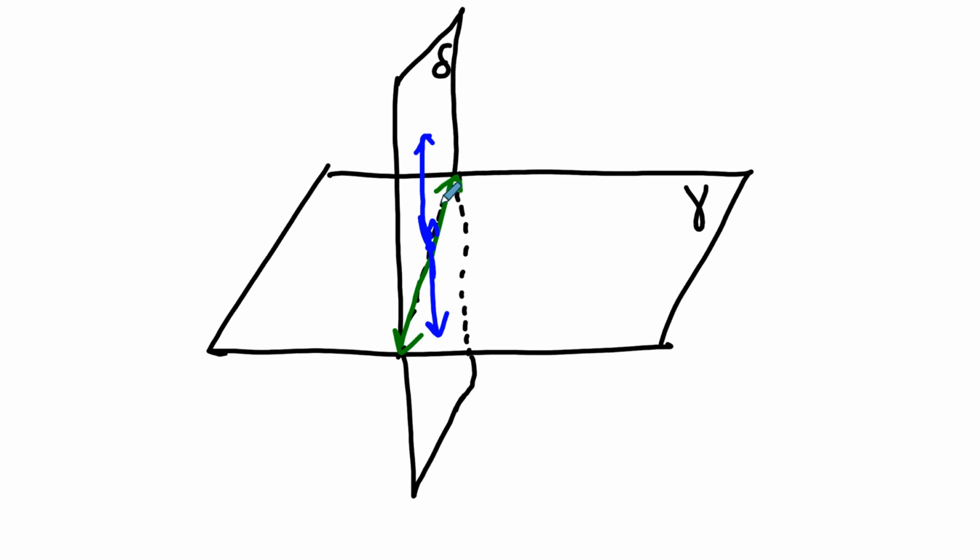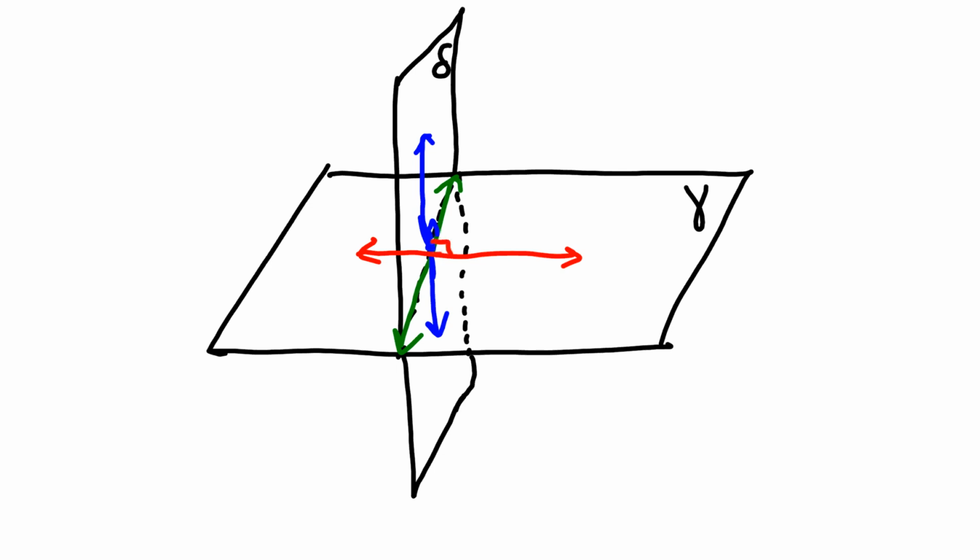If we take a line that lives in delta and is perpendicular to the green line, right angle, we're A-OK. And just to confirm, there's a line that's perpendicular to the green line and lives in gamma, right angle this way.